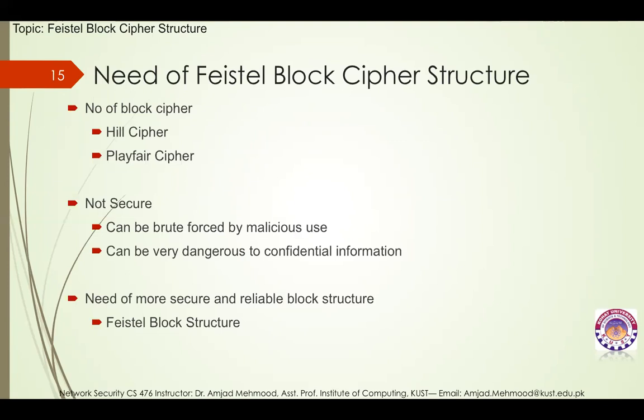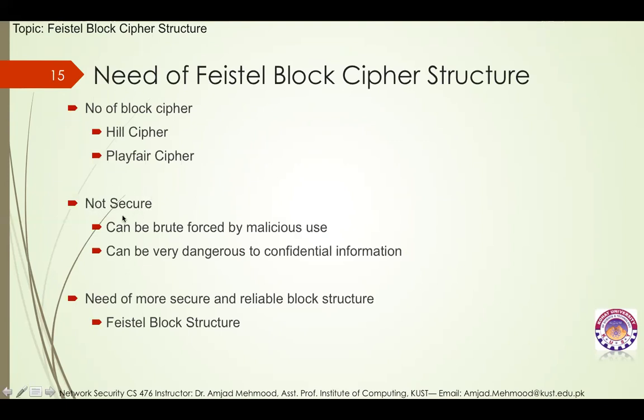Stream cipher applies on each character of your plain text, whereas block cipher applies to more than one character at a time to convert your plain text to cipher text. As we have a number of block ciphers available, the question is why we need this block cipher. They are actually not secure.